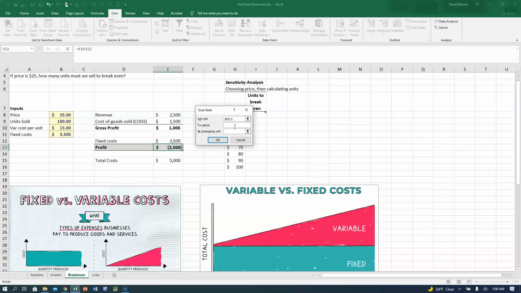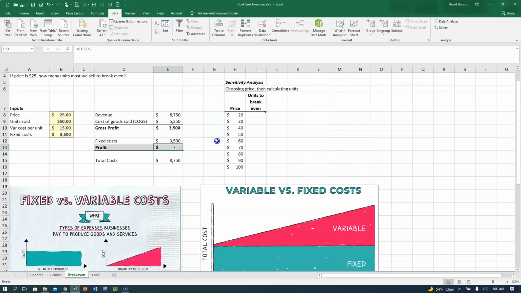We're going to set that to 0, which is what break even means, right? I'm not making any money, but I'm not losing any either. And then I'm changing the cell with the units sold, B9. So I've got set cell E13, my profit, to 0 by changing cell B9.